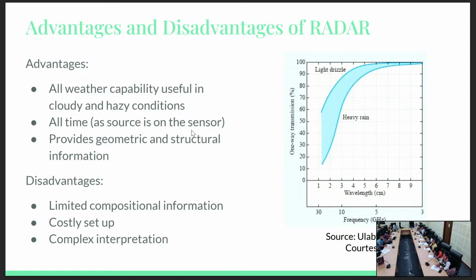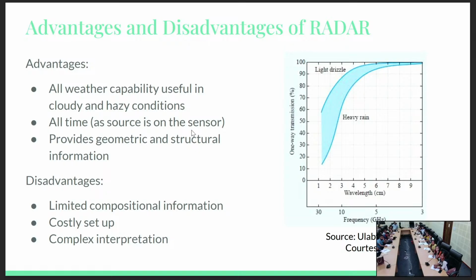And then the second one is that it does not matter whether there is rainfall or no. So the transmission of the microwave for how much rainfall is there, that is what is shown over here. For a light drizzle, lower frequencies are going to get attenuated.